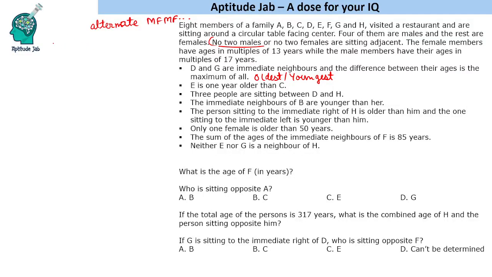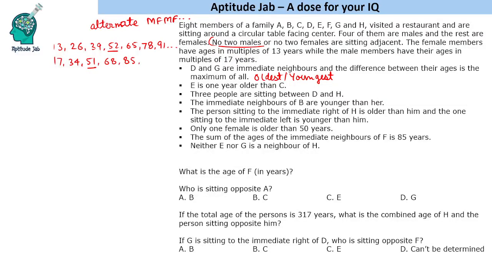So let us look at the multiples of 13 and 17. That will give us a hint about what their ages could be. If you see this, only two numbers have a difference of 1.